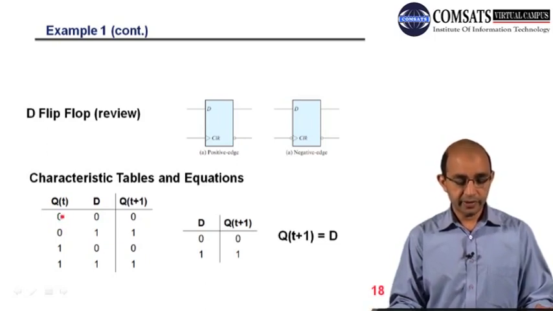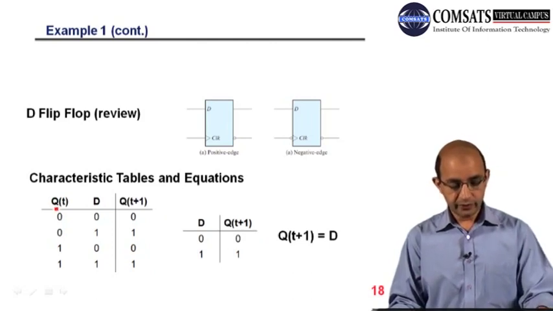If at present 0 is stored and we have 0 at the input D, we will have 0. And if we have 0 and D is 1, you can see that we have next state 1. And if we have 0 here and presently 1 is stored, we have 0 as the next state. So 1, 1, we have 1.